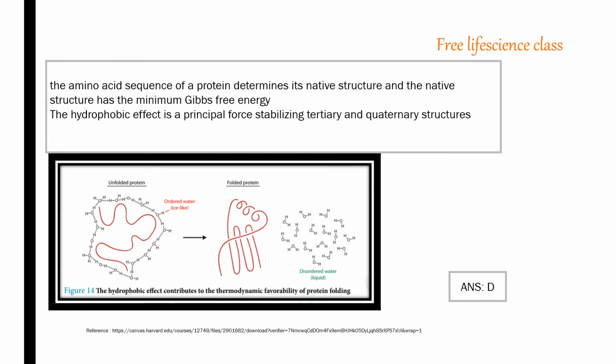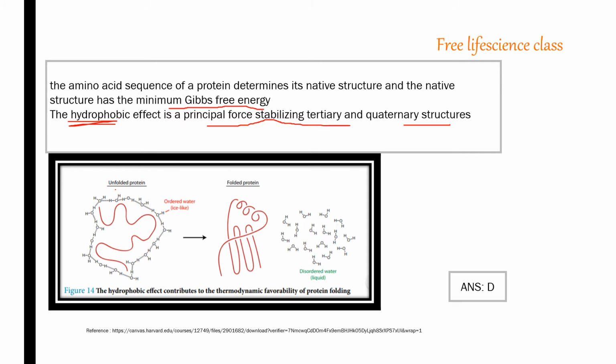The amino acid sequence of a protein determines its native structure, and the native structure has minimum Gibbs free energy. So the hydrophobic effect is the principal force stabilizing the tertiary and quaternary structures. Look at this, this is an unfolded protein. As the temperature increases, the protein gets unfolded and its hydrophobicity is lost.